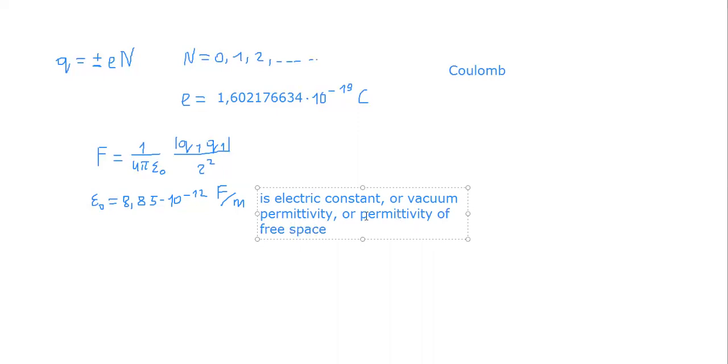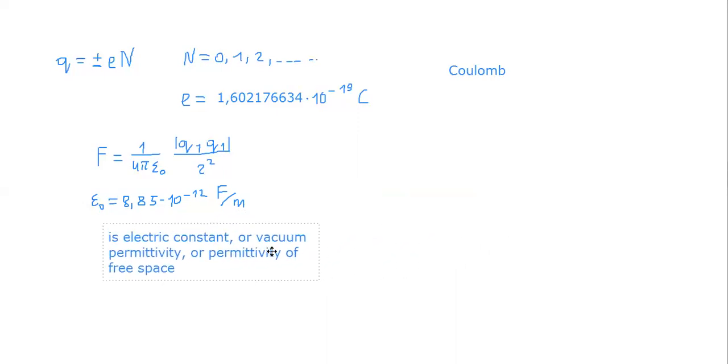I'll write this here: epsilon zero is the electric constant, or vacuum permittivity, or permittivity of free space.